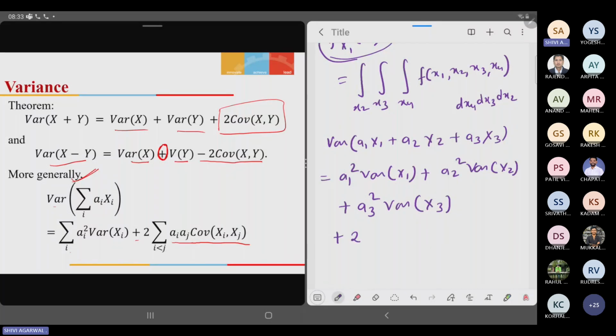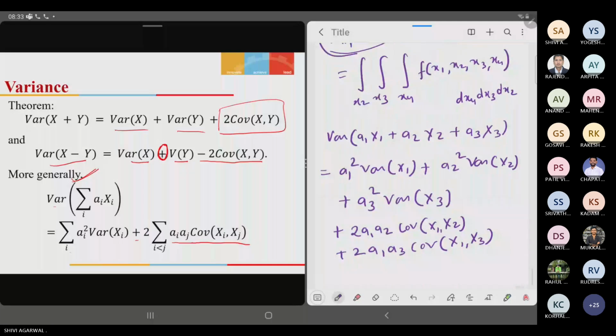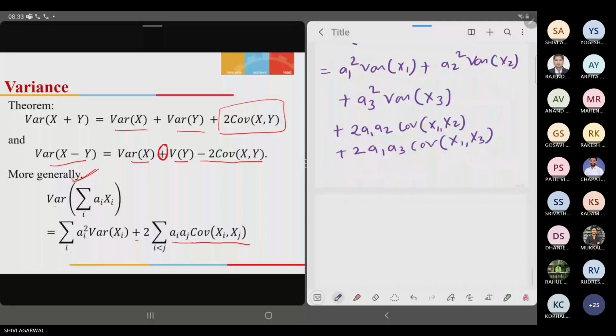Now we are taking 2 times a1 a2 covariance of x1 x2, plus 2 times a1 a3 covariance of x1 comma x3, plus 2 times a2 a3 covariance of x2 x3.